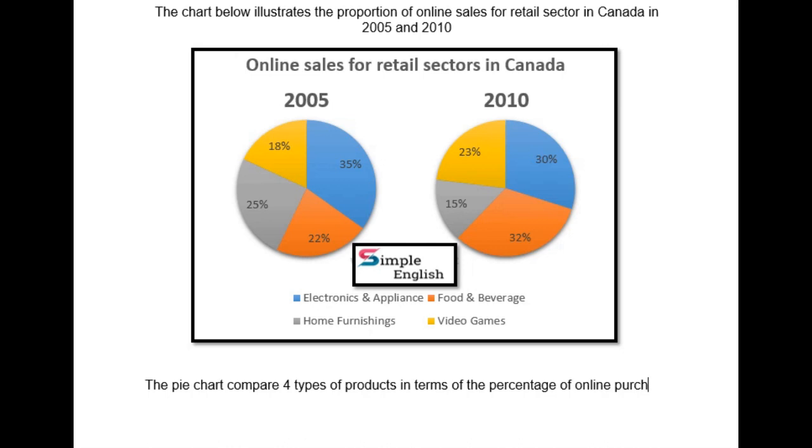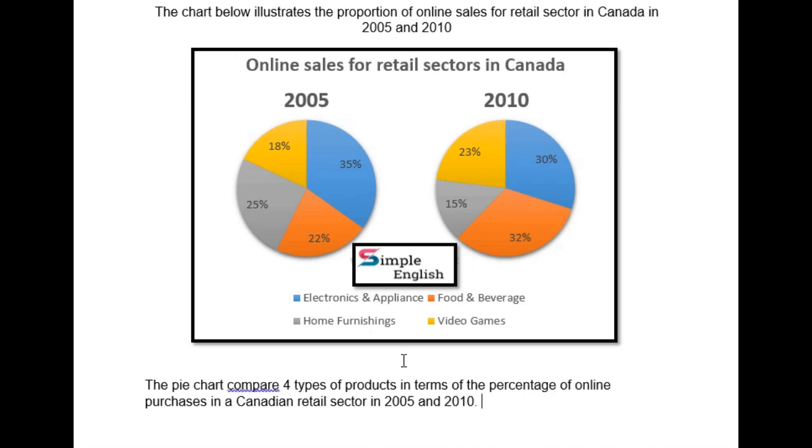Purchase means when you buy something, there is a purchase, right? And sales, you can replace sales with purchases because whenever you sell something, someone buys it, someone purchases it. So the percentage of online purchases in the Canadian retail sector in 2005 and 2010.